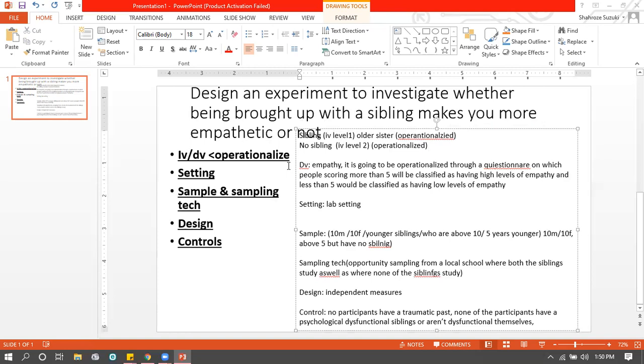Do you think it's good to mix up both older and younger siblings? Or it's okay to have one set of people who have older siblings so we don't get a mixture of empathy between them? As in, you could have an older sibling, your empathy might be different. I could have a younger sibling, and my empathy could be different. So, could having an older or younger sibling differentiate empathy in that regard as well? Or do you think it won't matter?